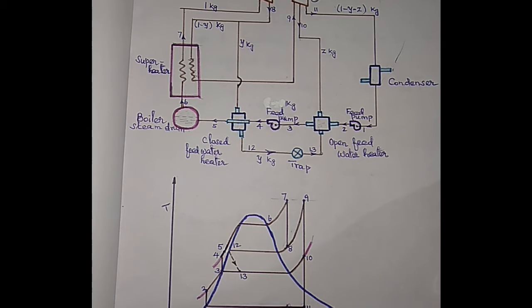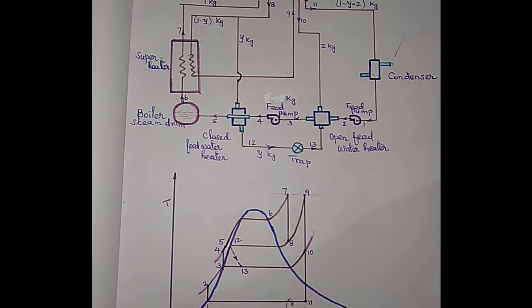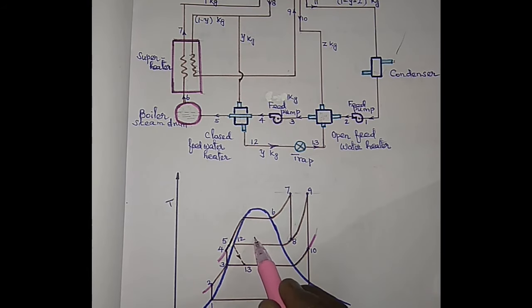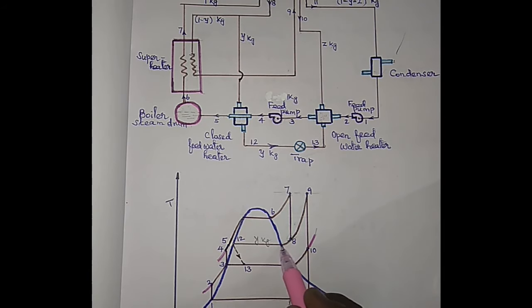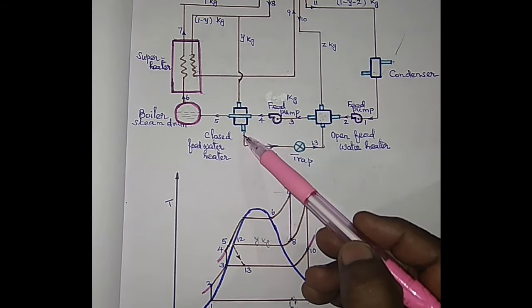So how is regeneration represented in a TS diagram? That we will see here. Mentioned already, 7 to 8 is turbine expansion, HP turbine expansion, steam expansion, out of which y kilogram of steam is extracted for heating the feed water. That is this one. So from here to here, this is a closed one.